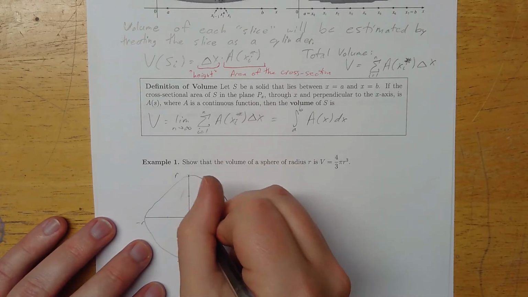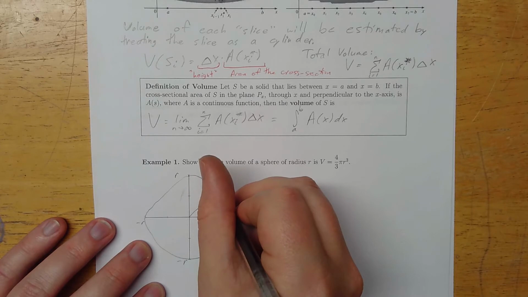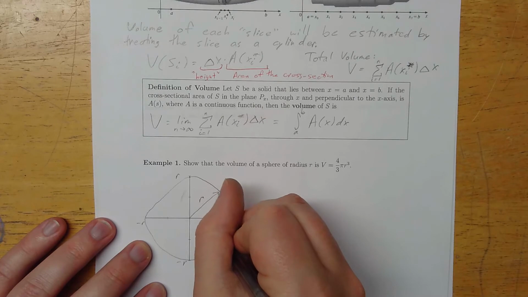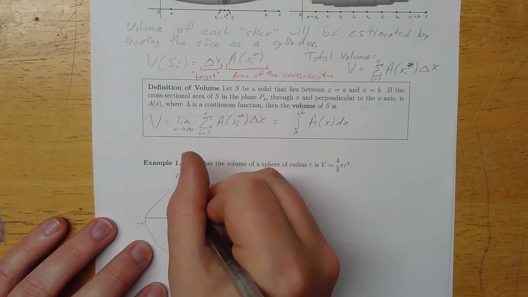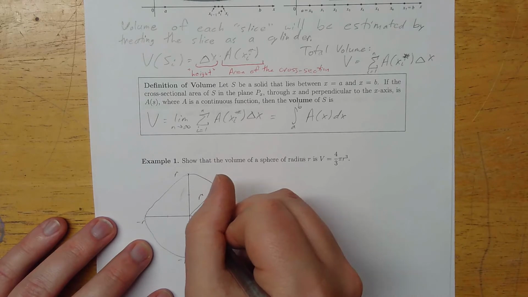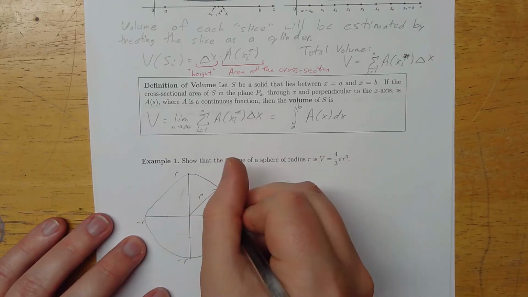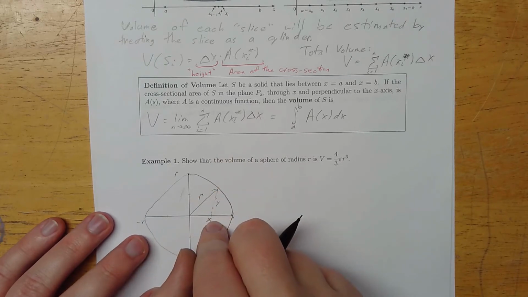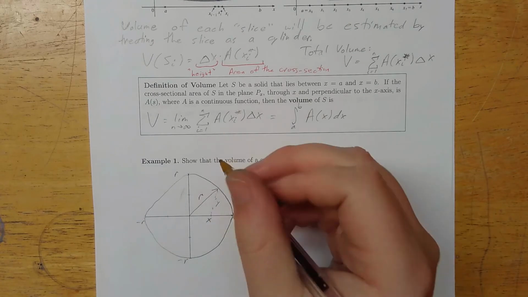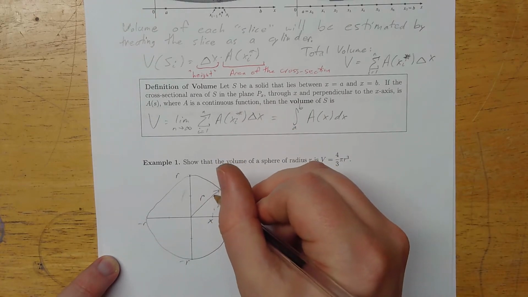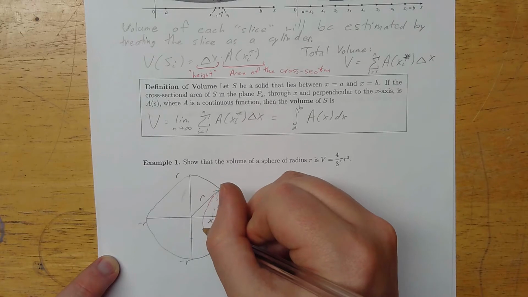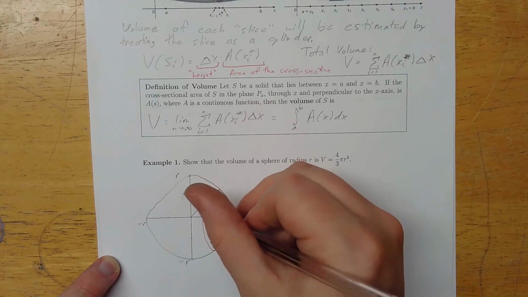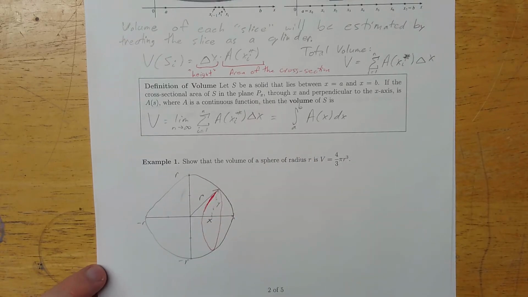So say that we've got our radius along our sphere. We'll have some sort of x and some sort of y that we have to worry about. So we've got the y part here. This would be x. And what we're doing is trying to find the cross-sectional area of this sphere by, at that individual x value, figuring out what this circle is going to look like.